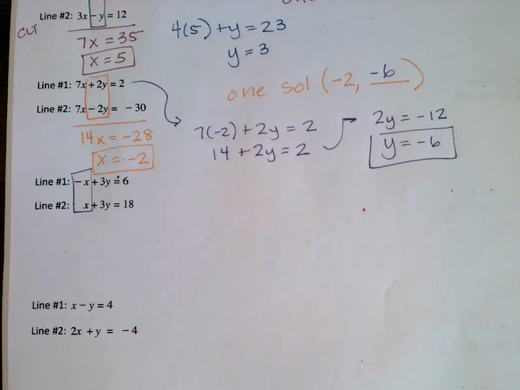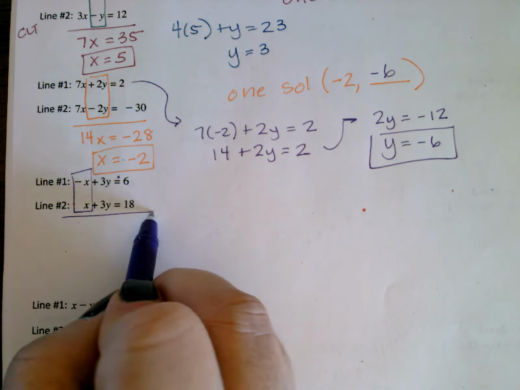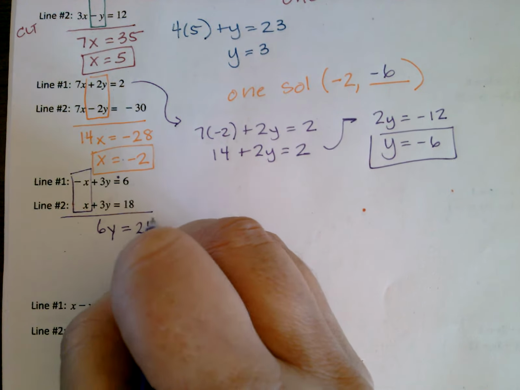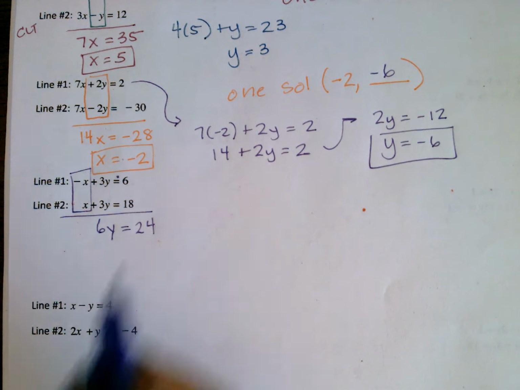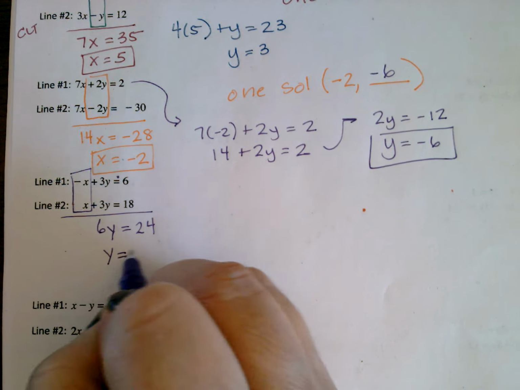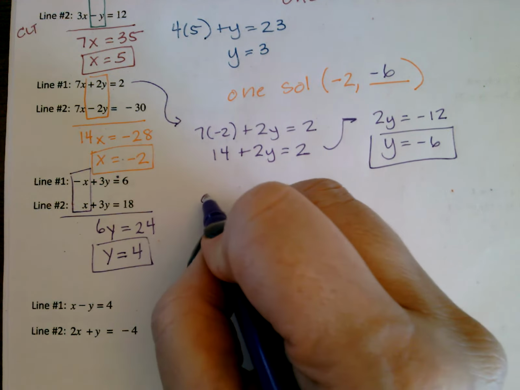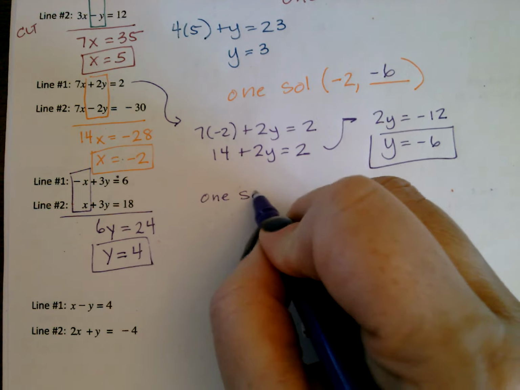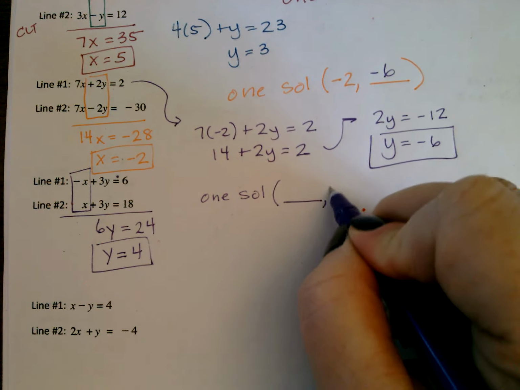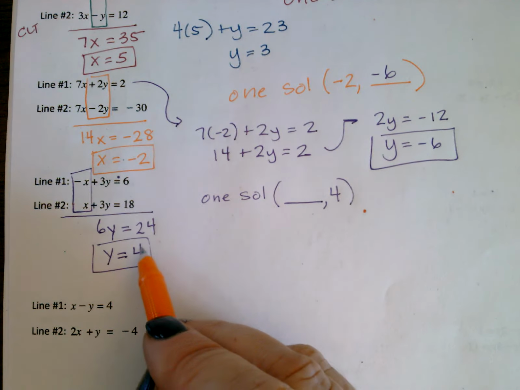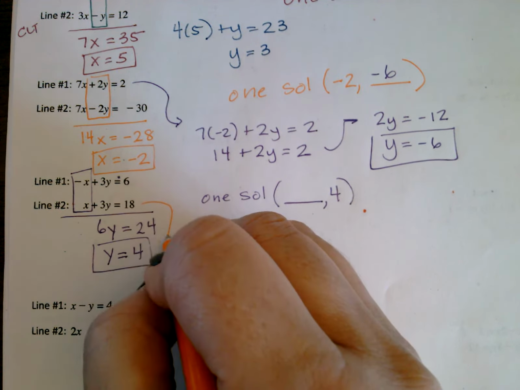On this one, we have a set of opposites with the x's. So I'm going to combine the like terms. I would have 6y equals 24. Divide by 6, y is 4. So one solution. This time I need to solve for my x.